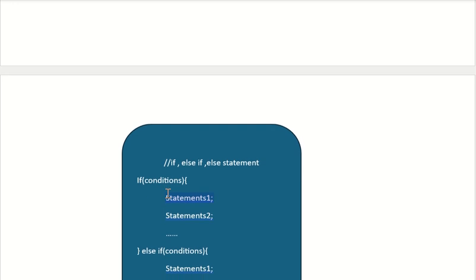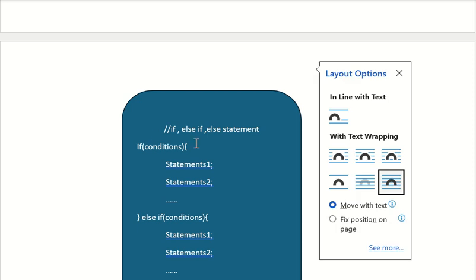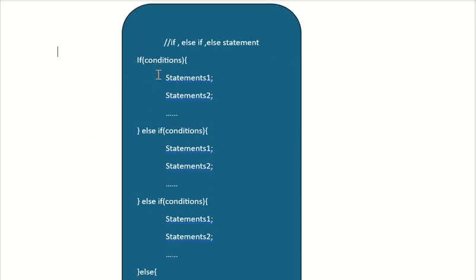Third is if else if. So how can you use multiple if else, or if else if? Here is the syntax: if condition, curly braces open, statement 1, statement 2, curly braces close, the if block is closed.